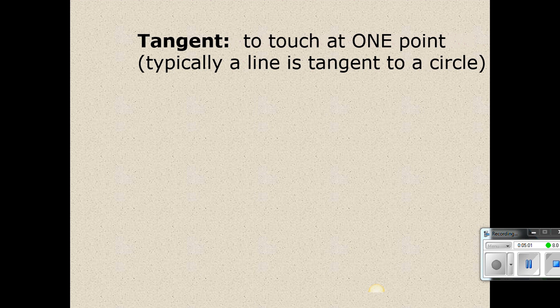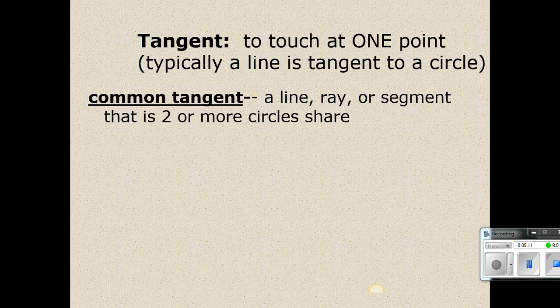Now let's talk about a tangent. A tangent is to touch at one point. Typically, a line is tangent to a circle. A common tangent is a line, ray, or a segment that has two or more circles sharing a tangent.